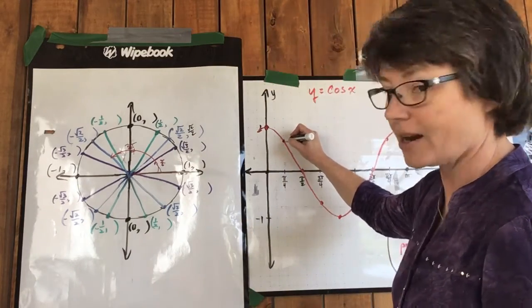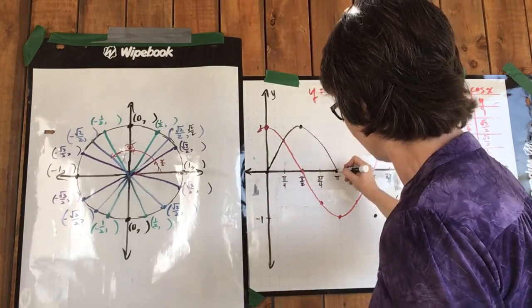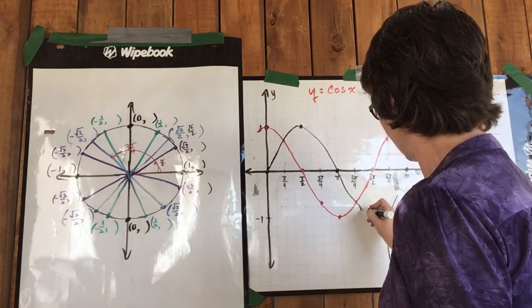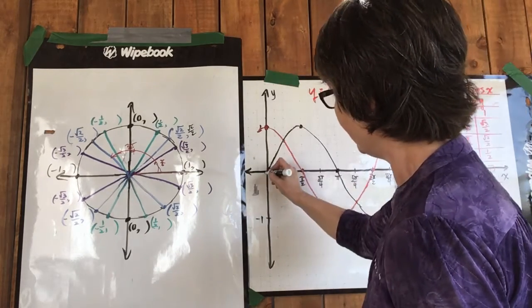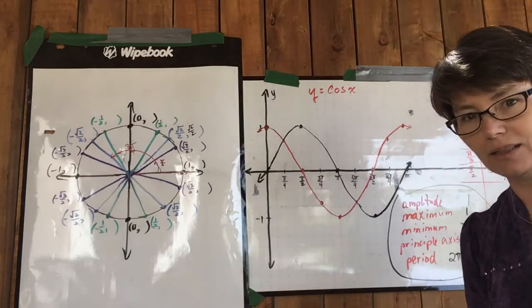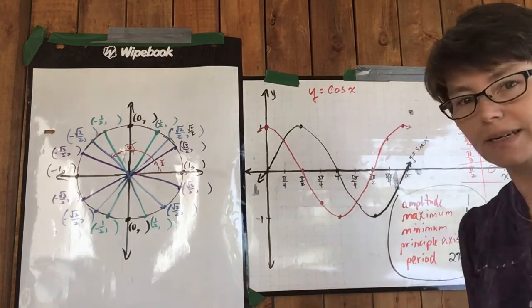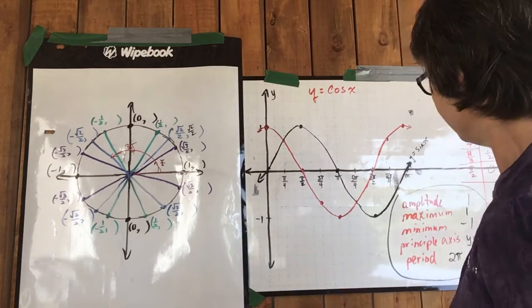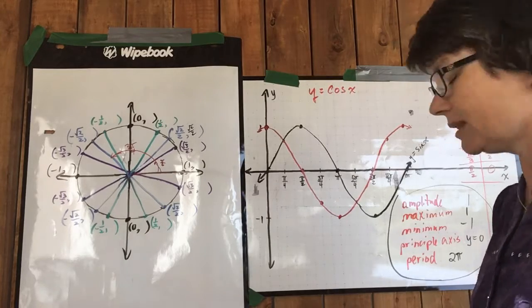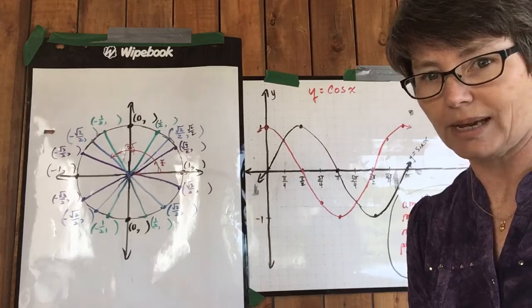Actually, they share an ordered pair there. Okay, and that's what y equals sine looked like. So the period is the same, the maximum is the same, the minimum is the same, the amplitude is the same, and the principal axis is the same for y equals sine x and y equals cos x.